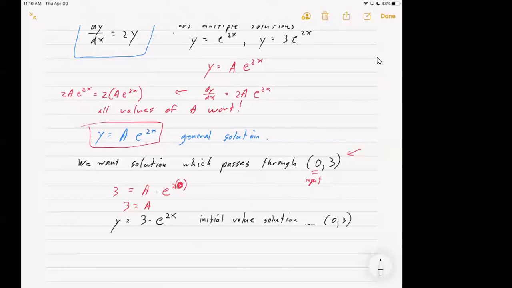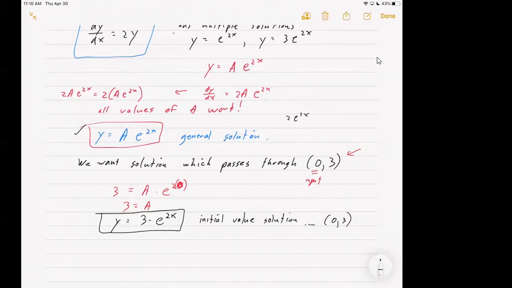All right. So notice now this is a very specified answer. All right. You could put that in your graphing calculator and graph it. Whereas if we look at the general solution, there are an infinite number of graphs that we could form that are in the family of a times e to the 2x. So the general solution would have things like 2 e to the 2x.